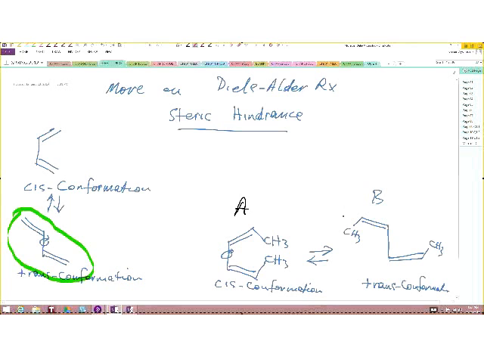So this molecule prefers to be in the trans conformation, and because it prefers to be in the trans conformation, it will not undergo Diels-Alder reaction. Okay. Is that clear?